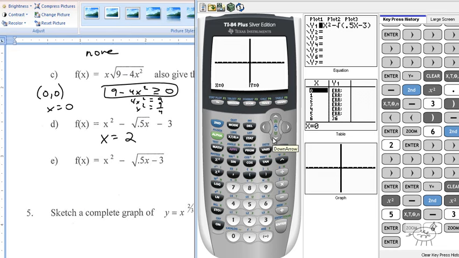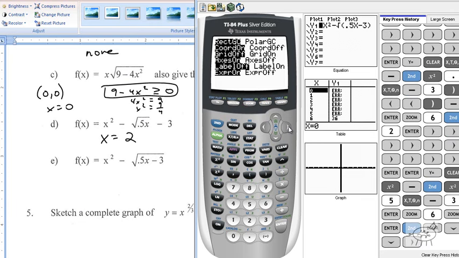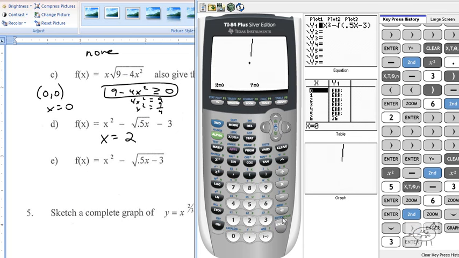Okay, and I don't even see any graph there, right? But what I want to do is take off the axes again, because sometimes, as I told you already, the axes get in the way. So let's turn that off. And graph. Okay, well I don't even see anything yet. So zoom out again. There's the graph. Okay, let's even zoom out a little bit more.